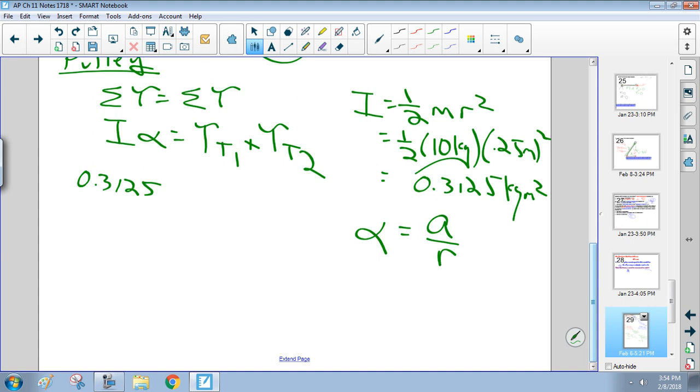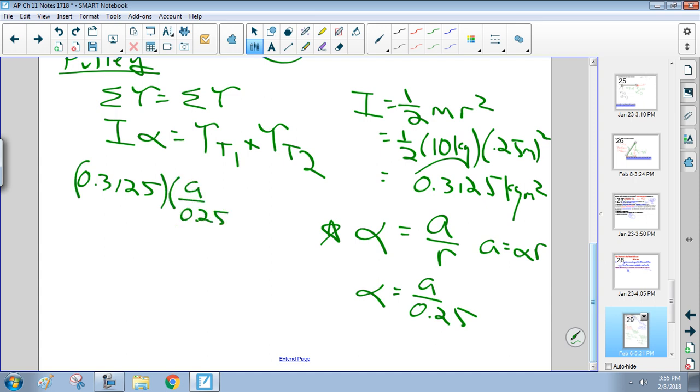When you deal with torque, remember, this is one of our jumper equations on your equation sheet: A equals alpha R. So alpha is A over R, and we know R is 0.25. So alpha is A over 0.25. So here's I, alpha is A over 0.25, equals... I've got to clear up some space here, so I'm going to erase.